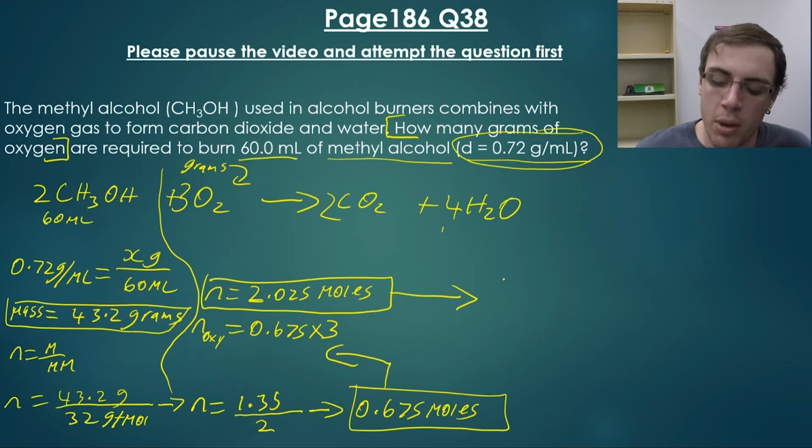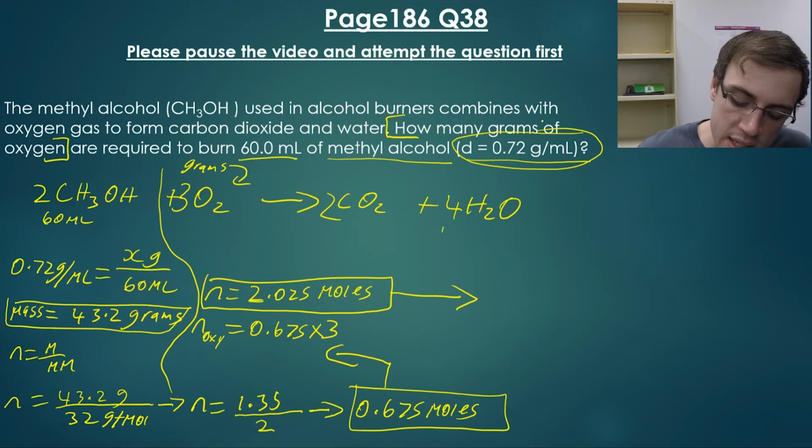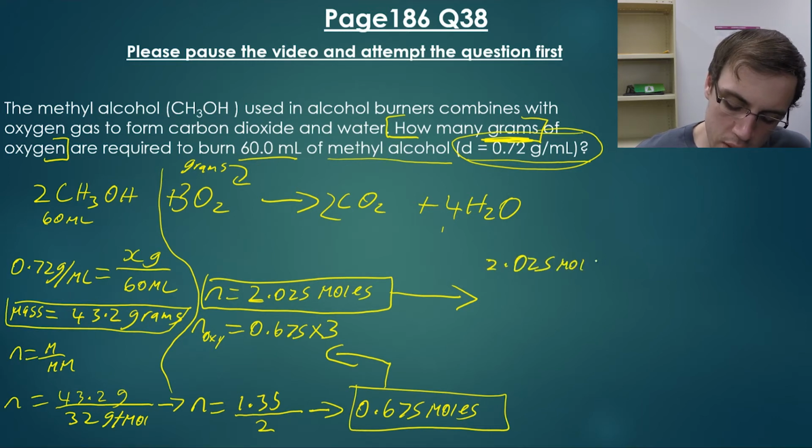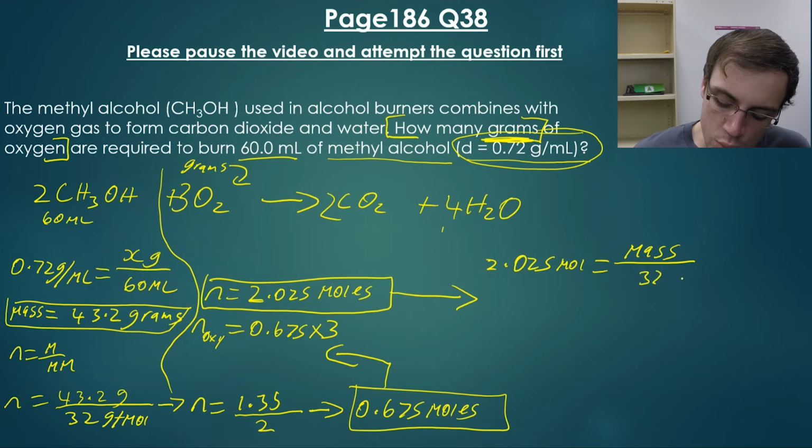Now we convert our moles into mass because that's what the question is asking for. How many grams? So we go 2.025 mole is equal to the mass, which we don't know, divided by the molar mass. So the molar mass for oxygen is going to be 32.